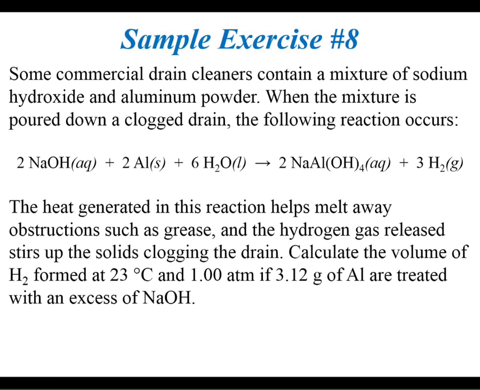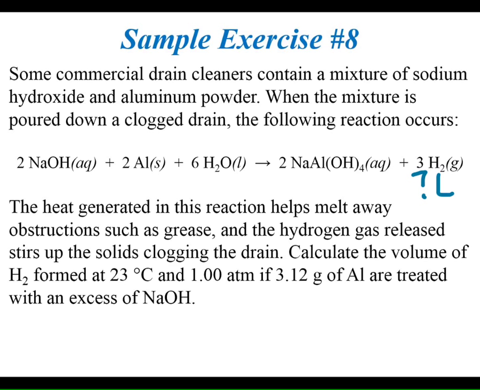So in this case it says, what volume of hydrogen gas are we making at 23 Celsius and 1 atmosphere if we used 3.12 grams of aluminum and an excess of this. Okay, let's break down what this question is asking, because it's a little confusing. Let's write down what we know. It says, what volume of this? So my question is, how many liters of that?